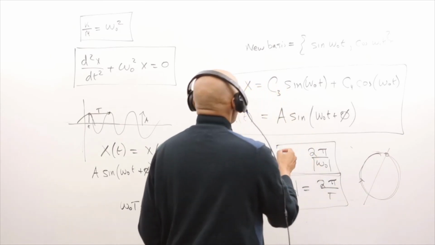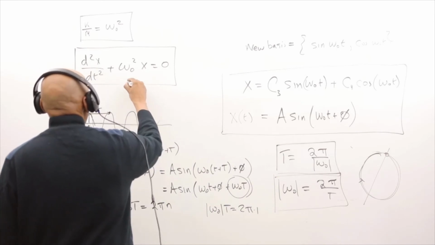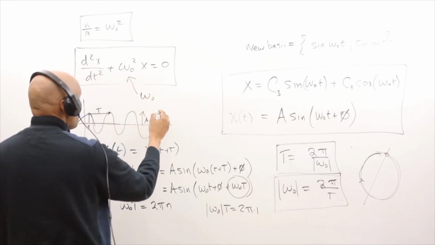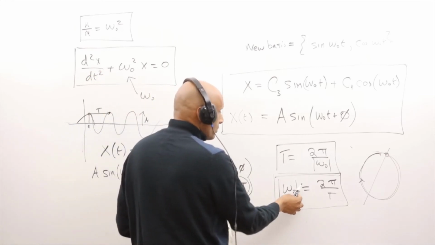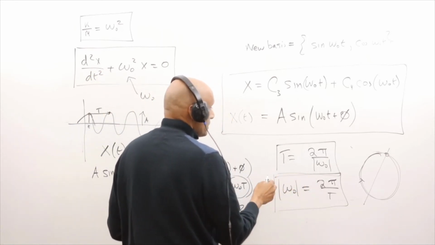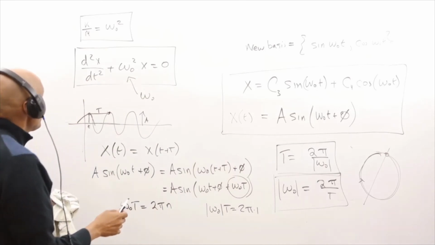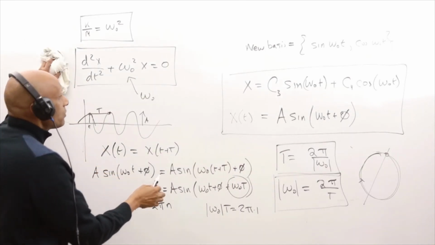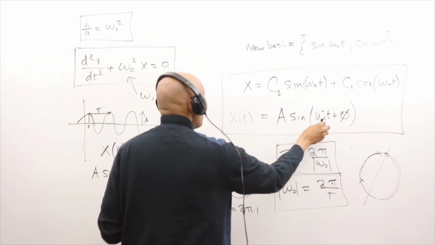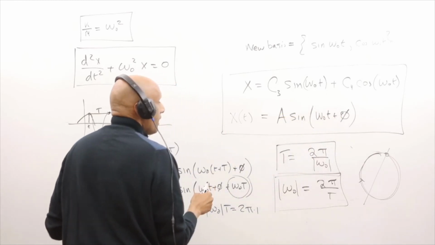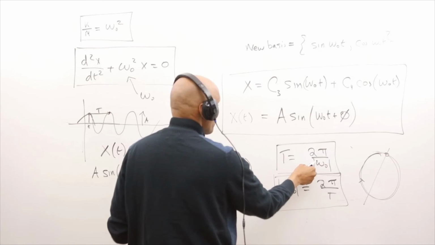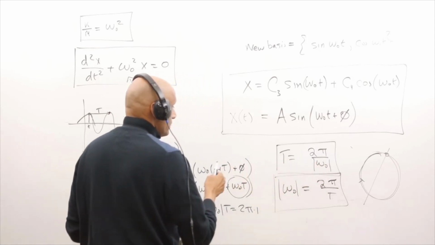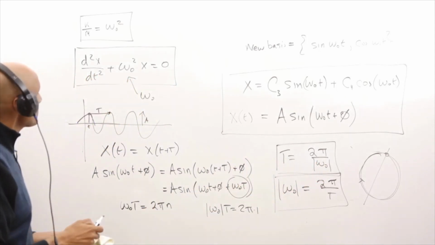That's the reason I called omega the angular frequency earlier, because I knew a priori that this was angular frequency. But the main idea you should get is that whenever we see this differential equation, we will always write A sine of omega_0 t plus phi, and the time period is just 2 pi over the absolute magnitude of omega_0.